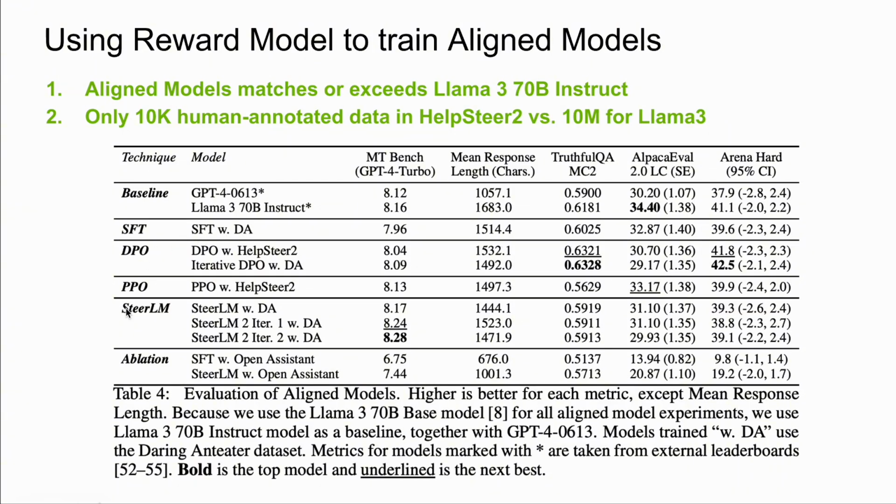Then we found that if we just use this method that we call SteerLM with 2 iterations, you can get to a really good MT-Bench that is stronger than both GPT-4 0613 and Llama 3 70B. At this time, Llama 3 70B was actually the strongest model available.